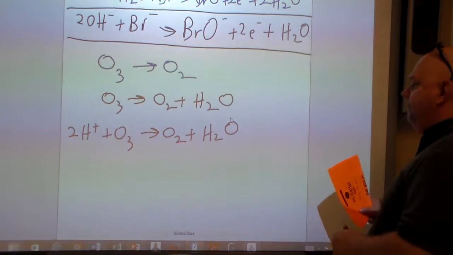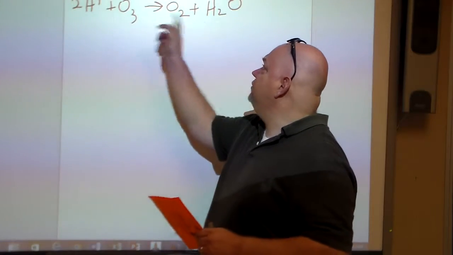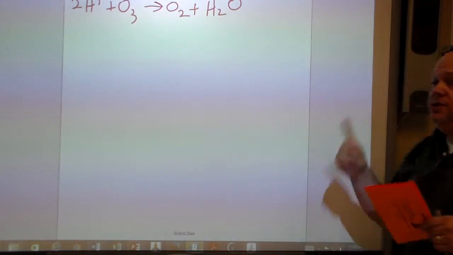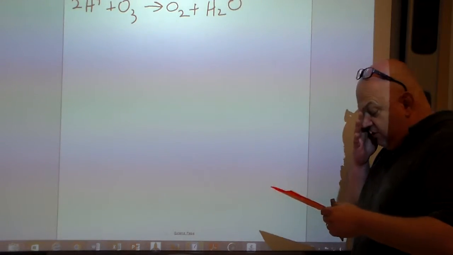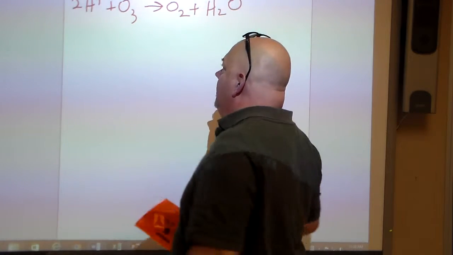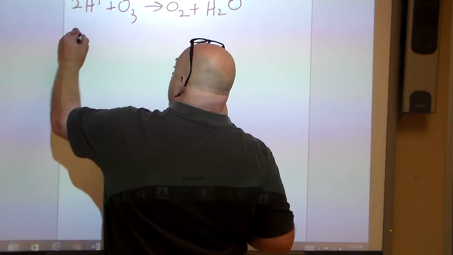Okay. So now we're good. We've got our oxygens taken care of. We have our hydrogens taken care of. However, this is a basic solution. So guess what? We got to add the OH to take this out. Okay, so we're going to have to go with 2OH.